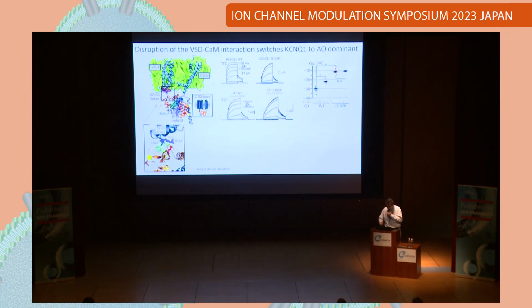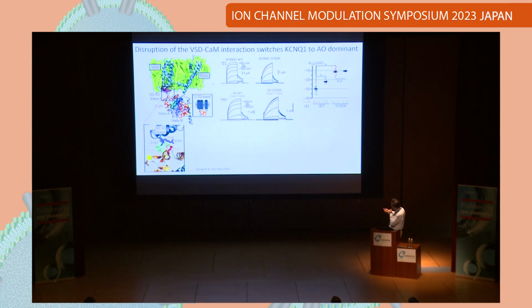Okay, so in order to test that, we took a closer look at the interaction between the voltage sensor and the calmodulin in the bent state. We found that there is a very prominent interaction between S182 in the voltage sensor and Y100 in the calmodulin in this structure. So we made mutations of those two residues. So one of them, S182K.